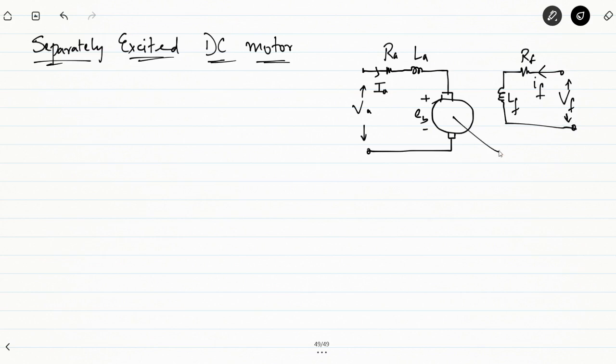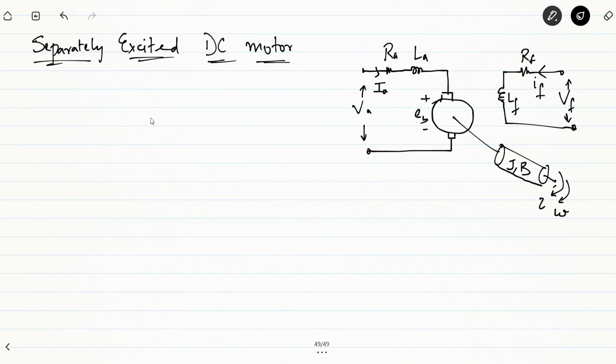As far as this separately excited DC motor goes, it's rotating. Associated with this rotation will be torque as well as the speed of rotation, governed by the moment of inertia and the friction coefficient of the rotor circuitry of the mechanical parts.